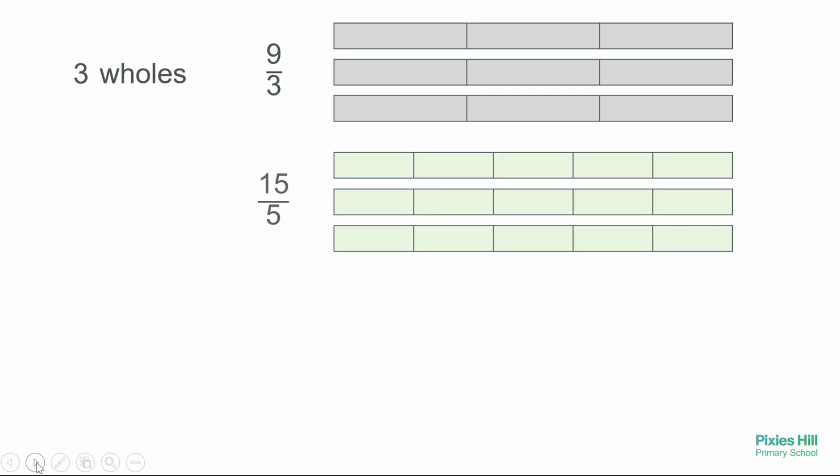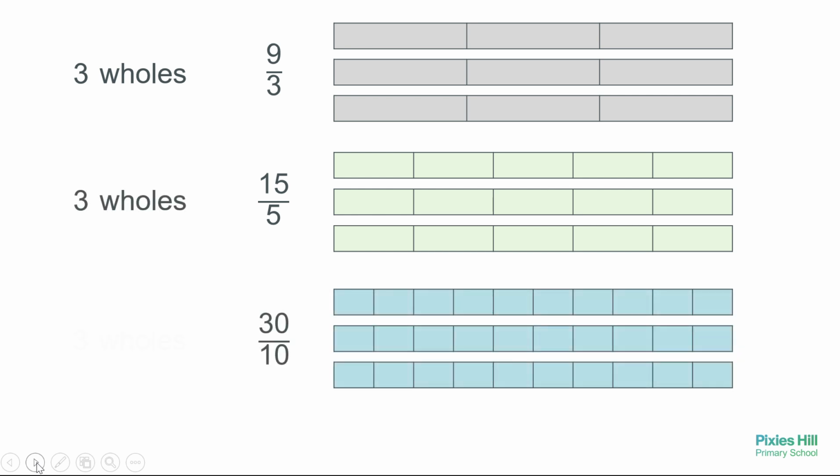Children will also look at how the whole can be made up of different parts. In this example, all 3 representations show 3 wholes. However, in each example, they are made up of a different number of parts. In the first example, the whole is split into 3 equal parts, and we have 9 in total, so the improper fraction is 9/3.